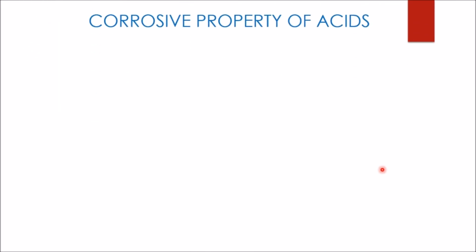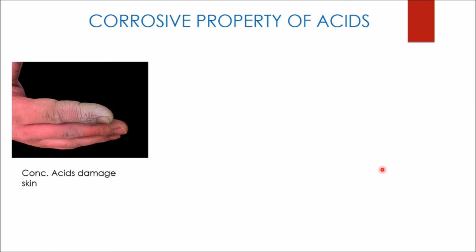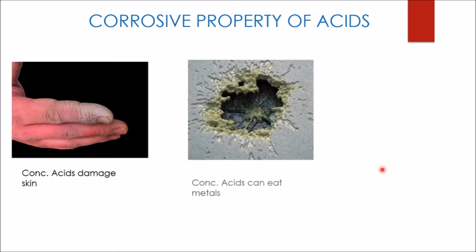What do you mean by corrosive property? As I said, corrosive means dangerous or damaging, okay? Because acids have a damaging property, they can burn your skin, they can eat metals. When acids are dropped on metal surfaces, for example, over here this is metal, and on that some acid was poured and this metal has got corroded, okay?